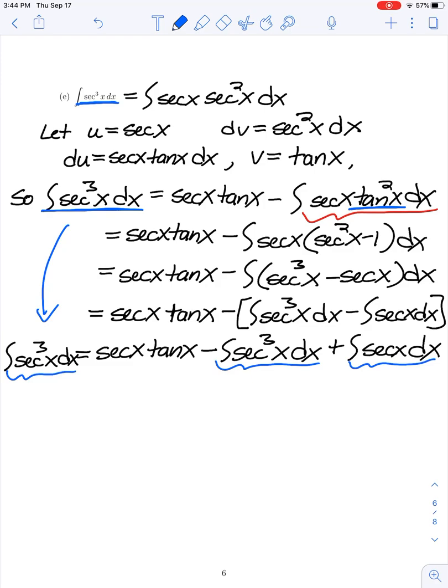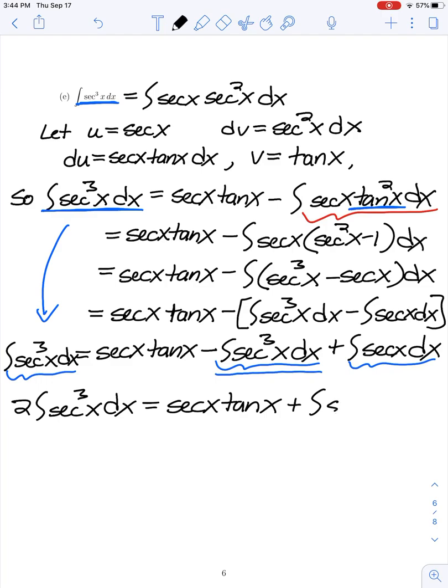And in order to solve for this integral, I'm going to group these two terms together. So if I take this term, the negative integral of secant x cubed, and I add it to the left-hand side, I would then have 2 times the integral of secant x cubed dx is equal to, well, we would be left with secant x times tangent x plus the integral of secant x dx.